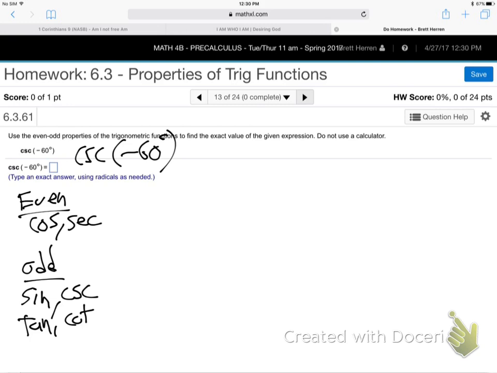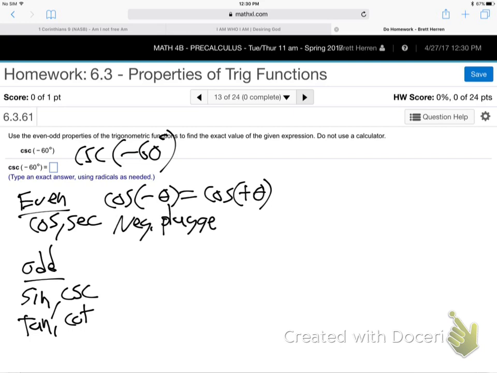Well, even means if you plug a negative angle in, let me just do it with cosine. If you take the cosine of some negative angle, the negative totally vanishes, and you can just do the positive and you have the same answer. Even: negative plugged in vanishes.